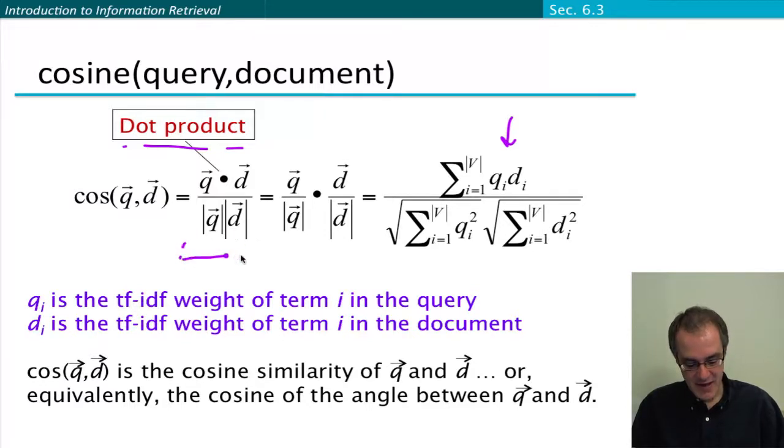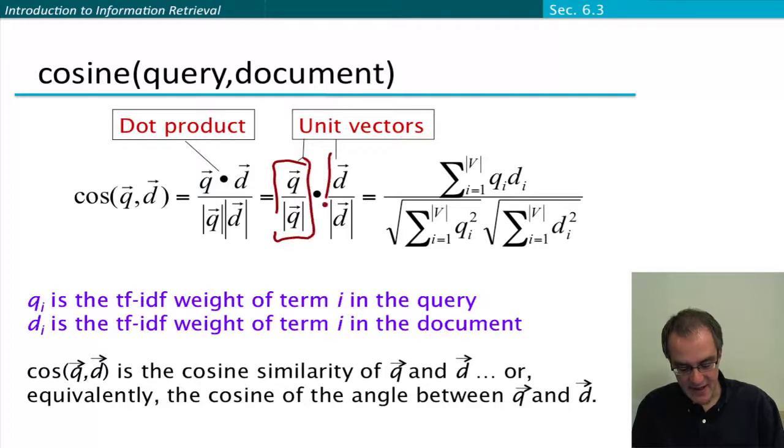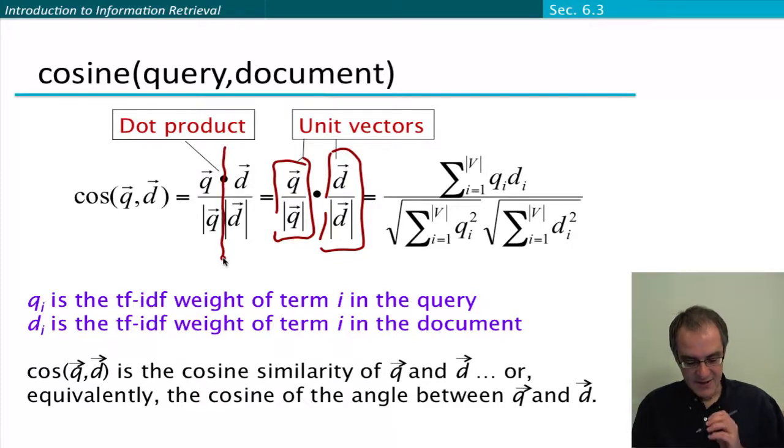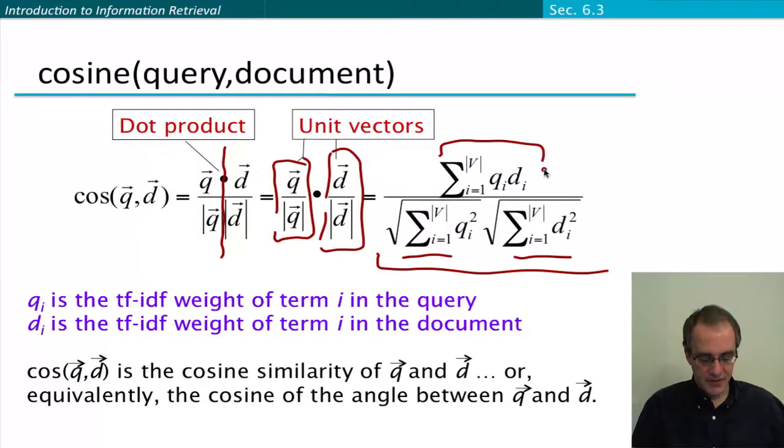You can write it like this, but what it's equivalent to is taking each vector, length normalizing it, and then taking the dot product of the whole thing, because you can factor these two parts apart as you wish. Written out in full, we have the length normalizations on the bottom and this summed up dot product on the top.